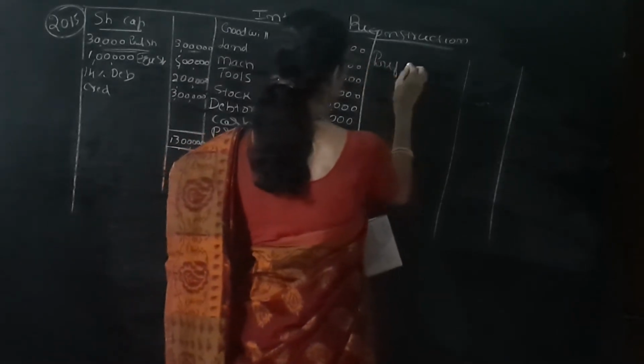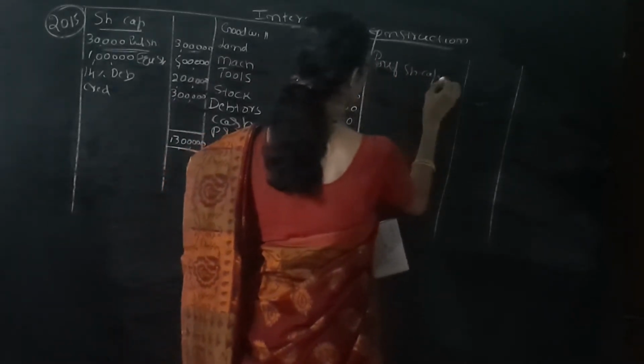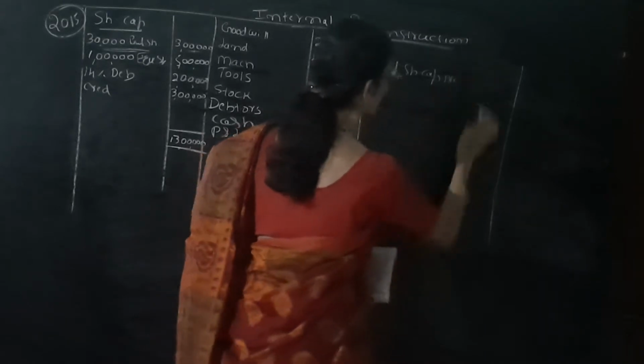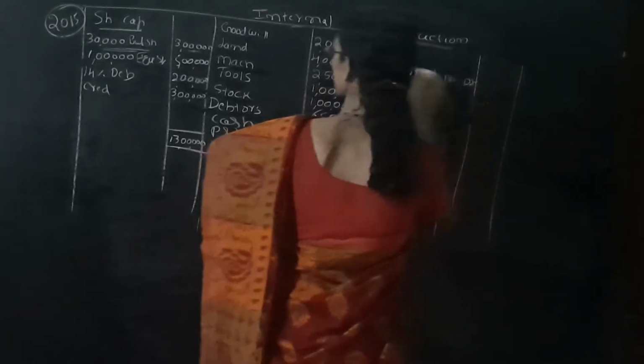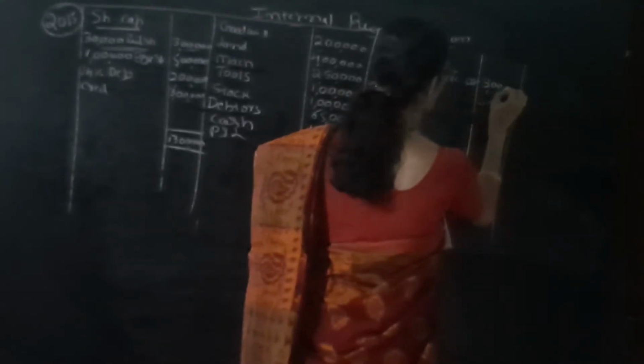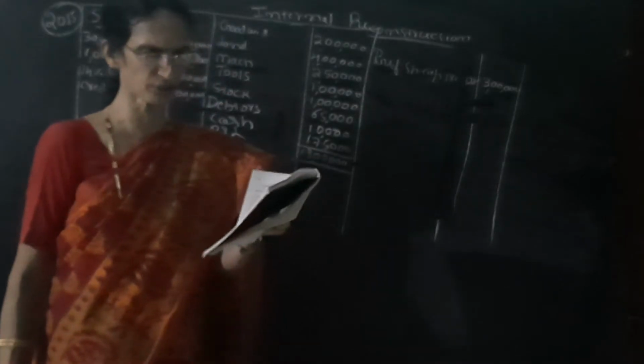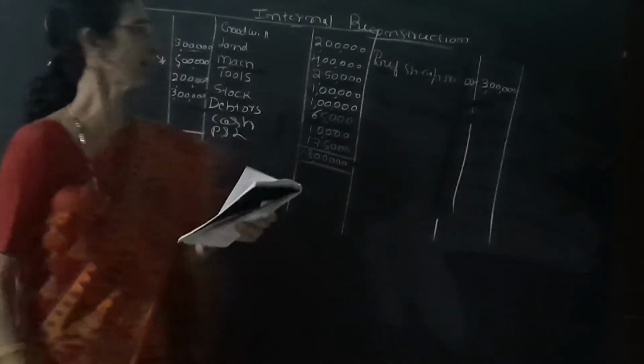Now we are changing the preference share capital. So the entry is preference share capital account debit. How much are we changing? This 3 lakh will be changing. They have given that it should be reduced to rupees 5 each.